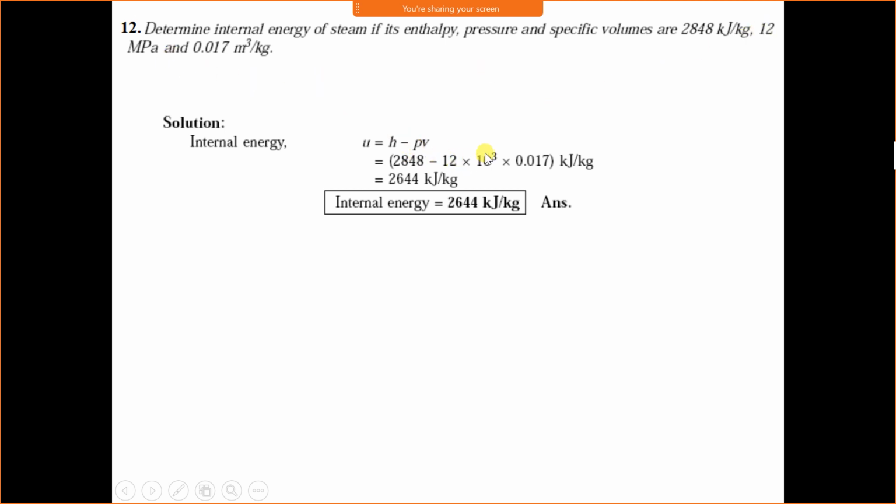We have to put pressure in kilopascal to get the value in kilojoule per kg. Therefore, 12 megapascal is equal to 12 into 10 to the power 3 kilopascal, into specific volume 0.017 meter cube per kg, and it is coming out to be 2644 kilojoule per kg, and 2644 kilojoule per kg is the answer of this problem.